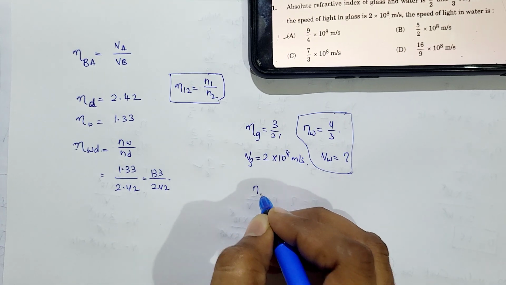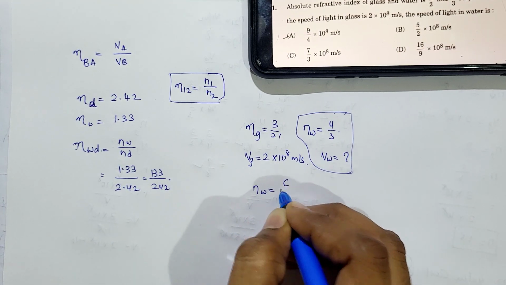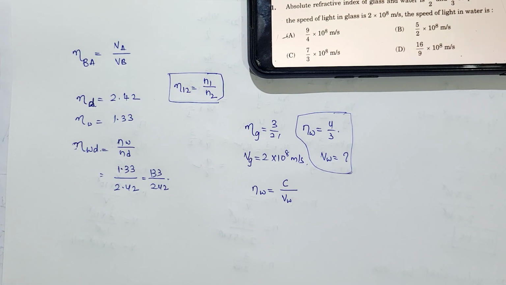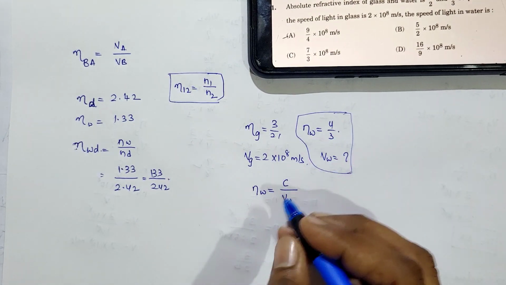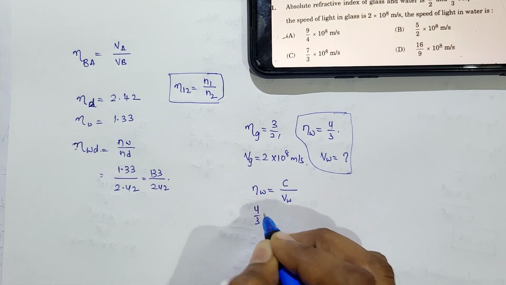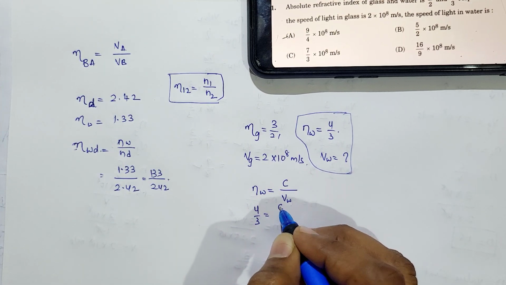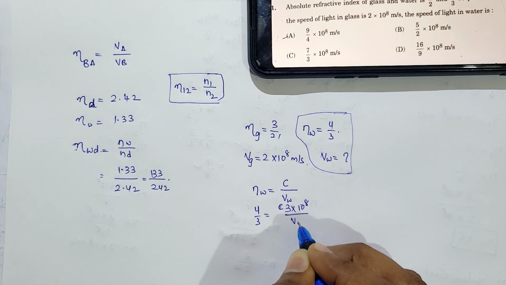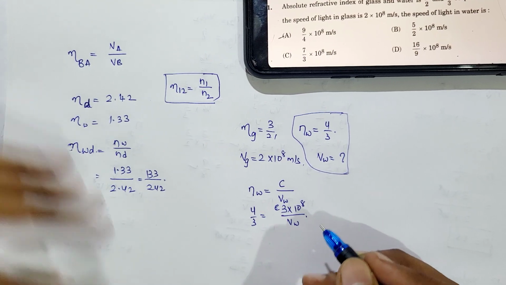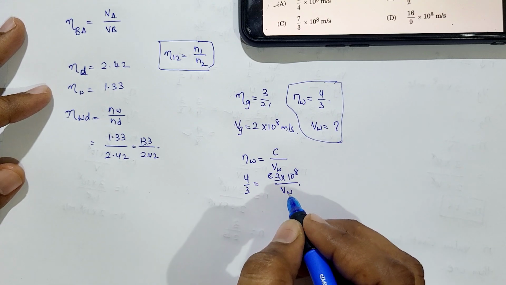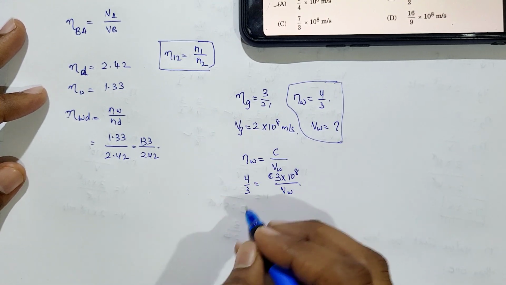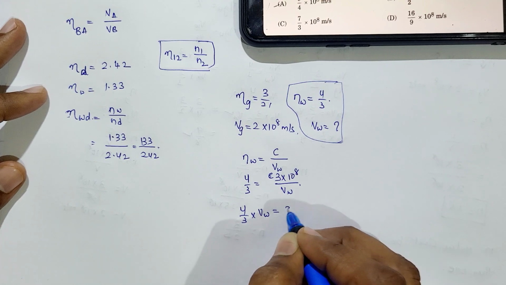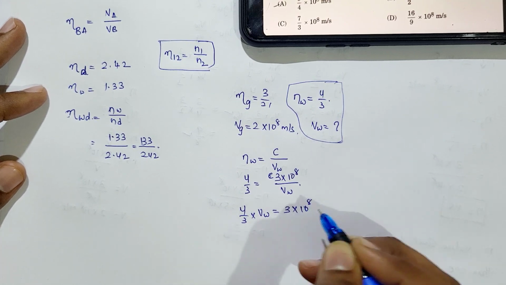See, what is refractive index of water? C divided by speed of light in water. So now, it is 4 by 3 is equal to C, we know C value is 3 into 10 power 8 divided by VW. Substitute the values. 4 by 3 into VW is equal to 3 into 10 power 8.